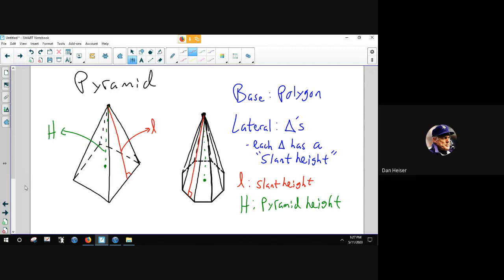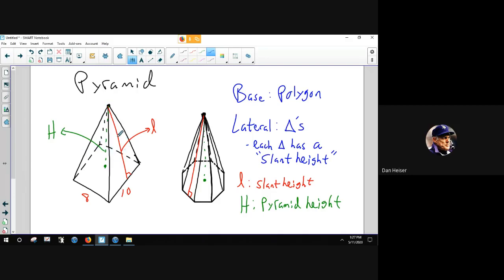So if I were to put some numbers here, say that's 8, let's say that's 10. This triangle has a base length of 8. This triangle has a base length of 10. Their slant heights, though, must all be equal.